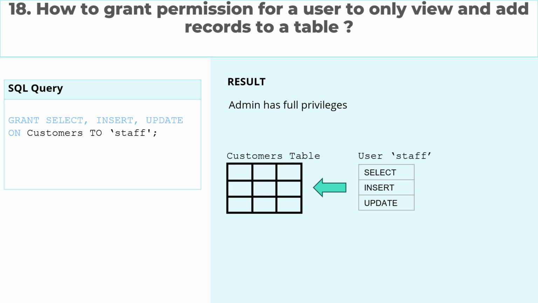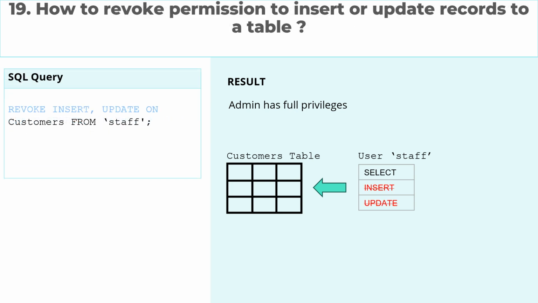Applies these permissions to the customers table. To restaurant staff. Grants these permissions to the staff. By doing this, the restaurant staff can fully manage customer records without the ability to delete any information, ensuring data security.